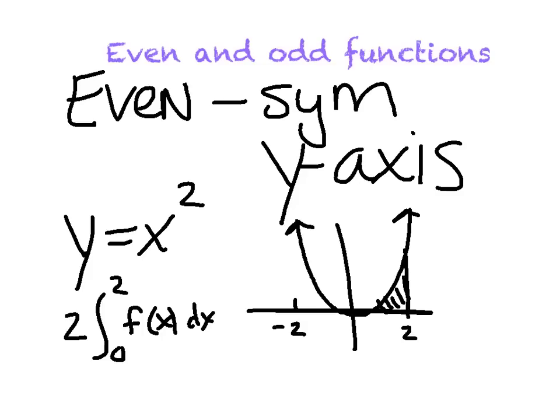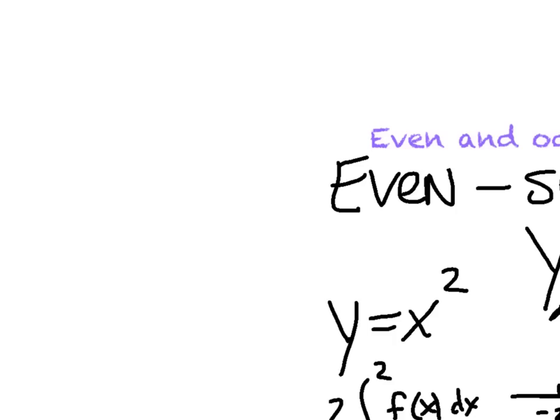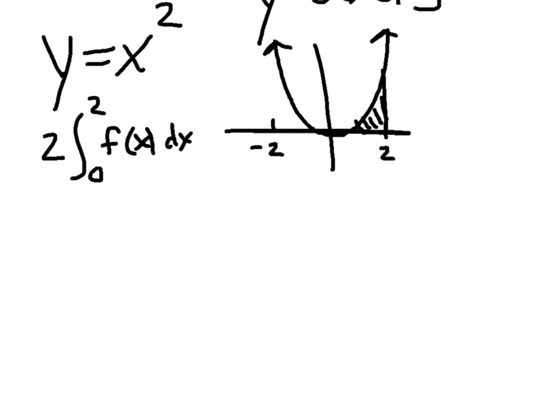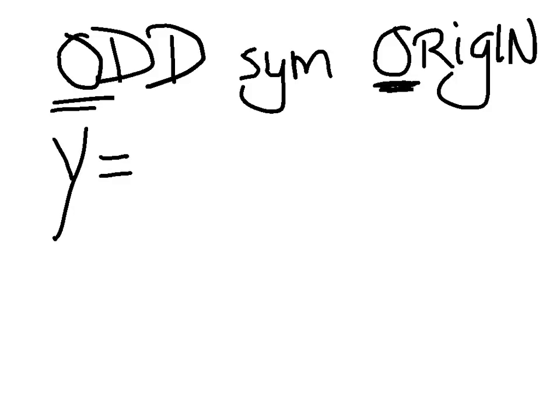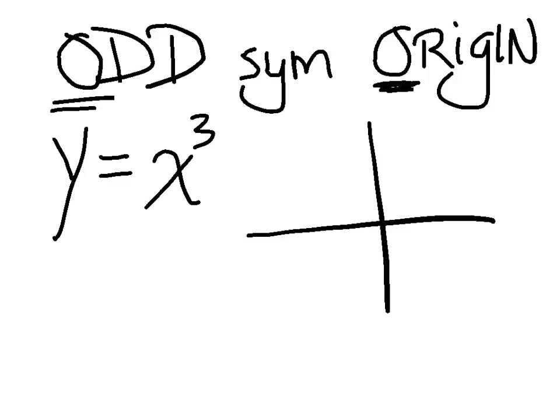Even a better shortcut is if your function's odd. That's even more handy. So again, if your function is odd, you are symmetric to the origin. All right, we always stress odd and origin go together. So the easiest odd function is probably an odd exponent, for example, x cubed.